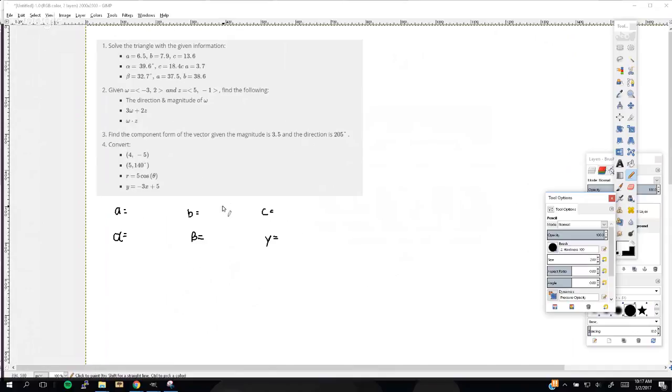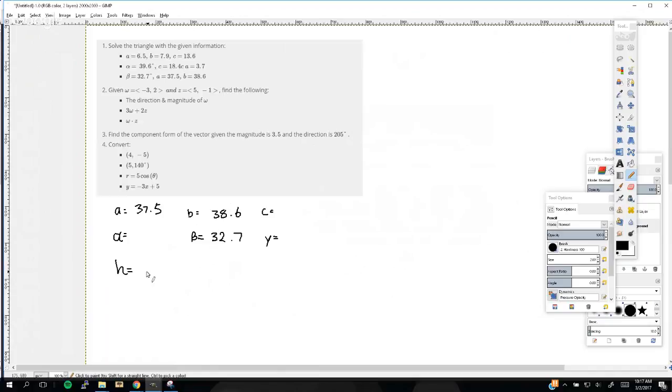So we have beta is equal to 32.7, a is equal to 37.5, and b is 38.6.